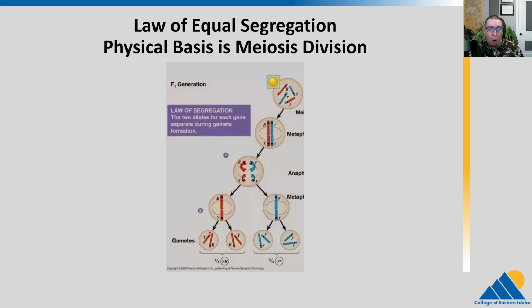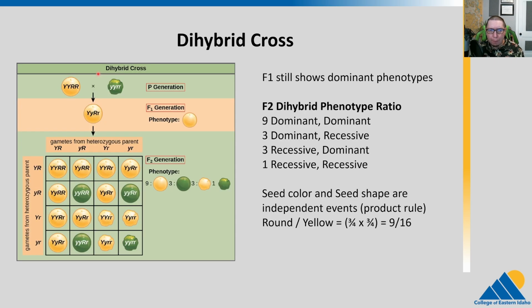It's not like 3 of the gametes get big R's and only 1 gets little r. No, there's an equal chance of big R being there. But you'll see that there are more than one gene being looked at in here. So we need to take this a little bit further and look at what's going on here.